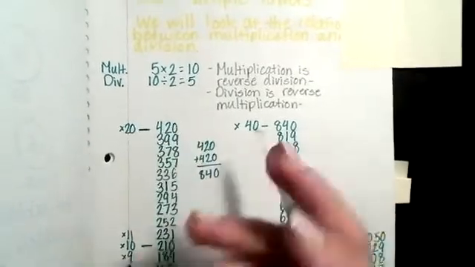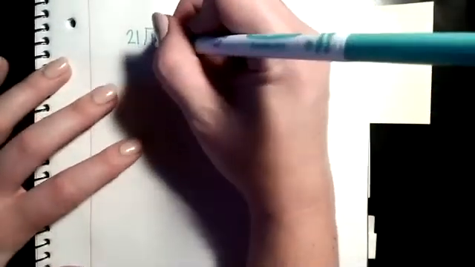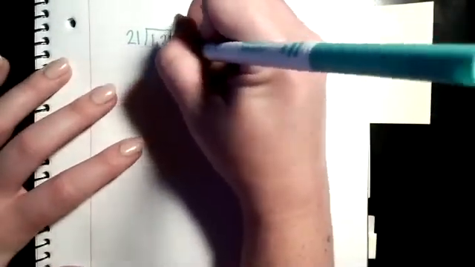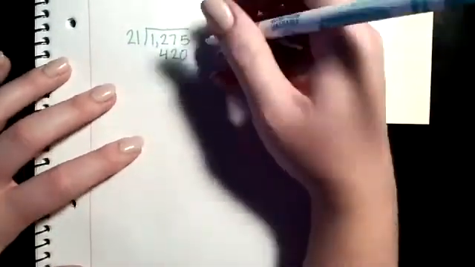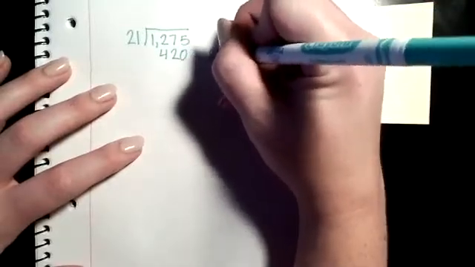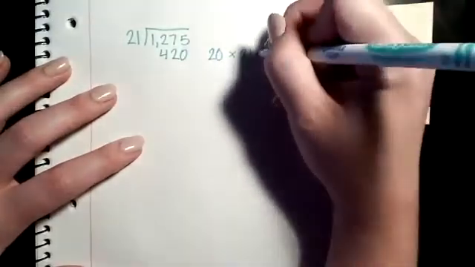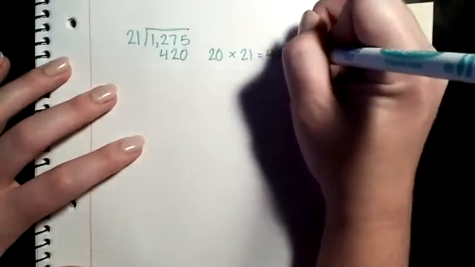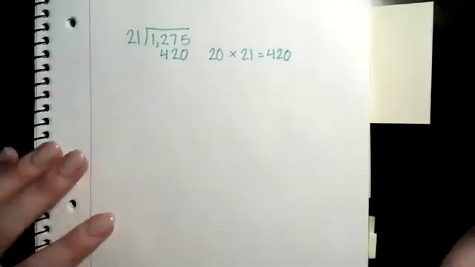21 times 20 is 420. So let's do 420 here. And I did that by doing 20 times 21, and I know that equals 420. Okay.